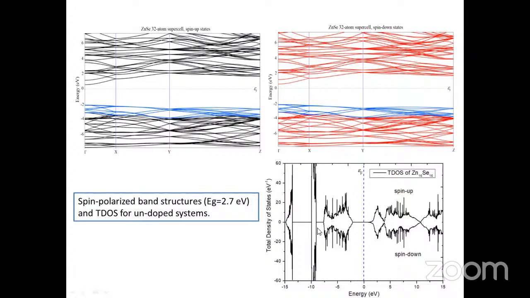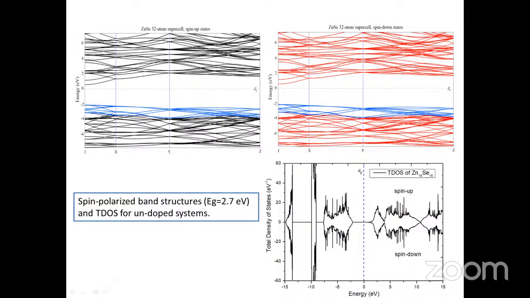And this figure illustrates the band structure and the total density of states diagrams for undoped zinc selenide. We see that this compound is a direct band gap semiconductor material.